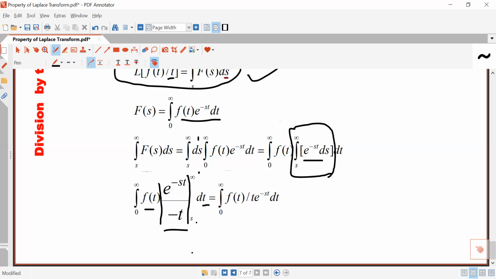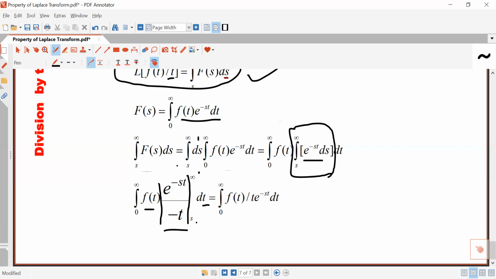You must remember here that this is integration with respect to s, so you have to put the limits in place of s. When you put s equal to infinity, you will get 0.